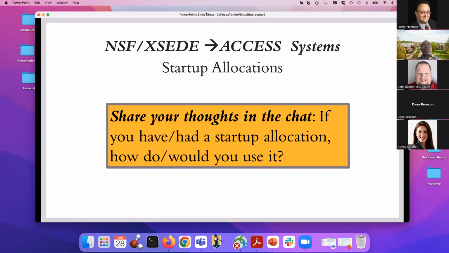So if I have a user, I can have an idea of where to send them. And sometimes I can add a number of users to my allocation and have them play around. If they figure out something that they want, then we'll have them apply for a startup allocation for themselves. So how do you use your startup allocation? You may want to share how you do that in the chat.